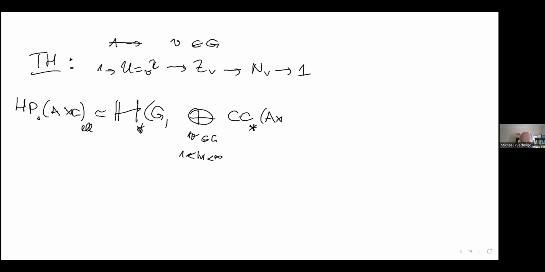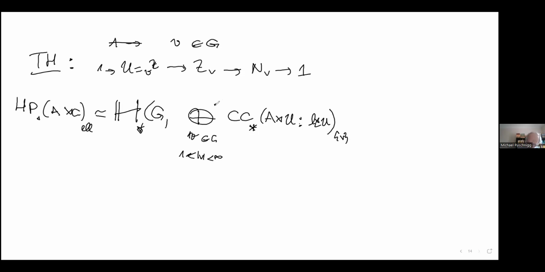Okay, so what do I do here? I take A, I take the cross product with the cyclic subgroup generated by the element V, relative to the group ring of the finite cyclic group U. This has a homogeneous decomposition over the conjugacy classes of U, but U is an abelian group, so a conjugacy class consists of single elements, and I take the conjugacy class of the single element V. So this is a huge complex.